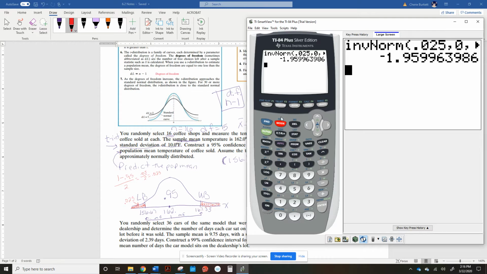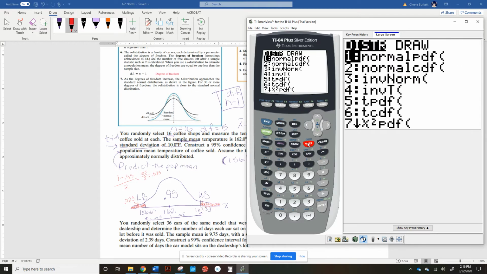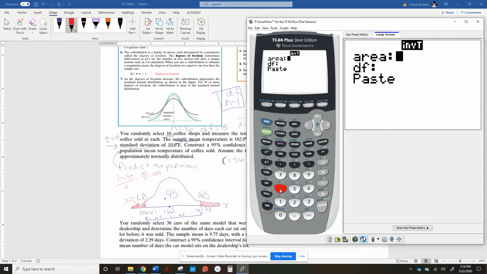This is what we did a while ago, and we're using a Z. But you do second distribution, and you do inverse T, because since we're working with the sample standard deviation, we're going to be doing a t-score, or a t-interval. This is the inverse. We're finding a t-value, so we're going to choose option number 4.